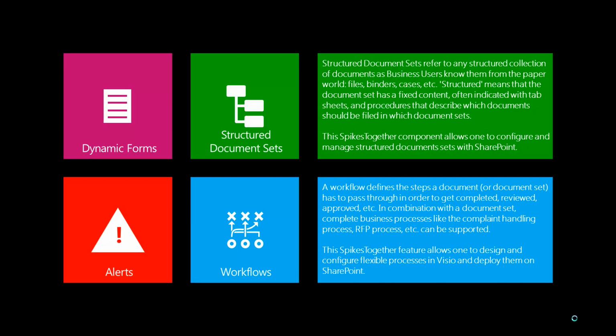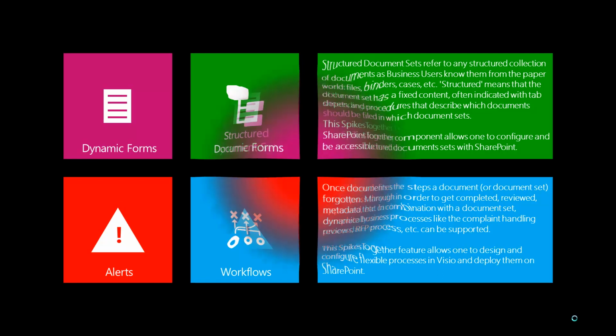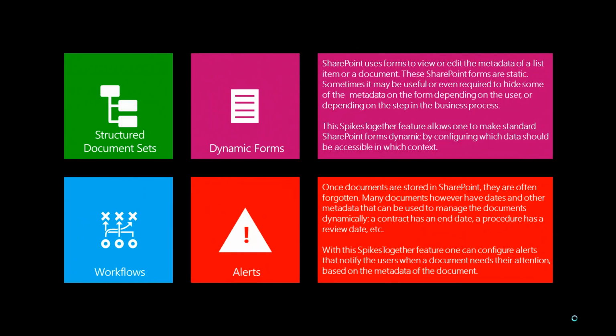SpikesTogether workflows are only one element of our SpikesTogether product suite. Three other components that might be of interest to you are structured document sets, which allow you to configure a tree-like structure of document sets. We have the dynamic forms component, which allow you to customize the standard SharePoint forms by configuring which data should be visible and/or editable depending on certain conditions.